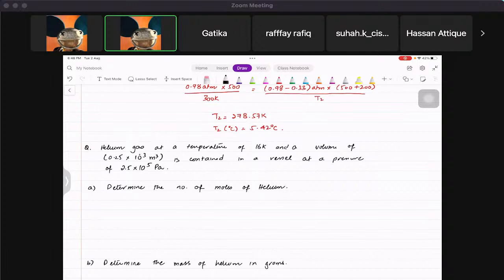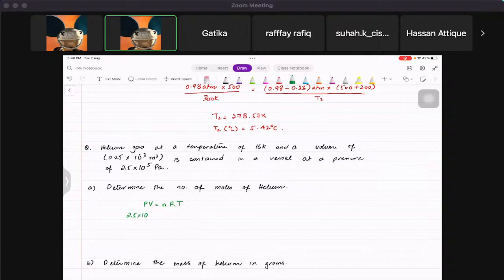Now for this one, the first thing you guys need to know is because we have to find the number of moles, which equation should I use? Who can tell me this? PV is equal to nRT. Very good. Now you guys understand. Okay, so the pressure was 2.5 times 10 raised to 5.